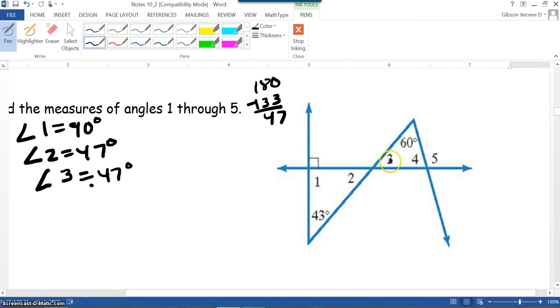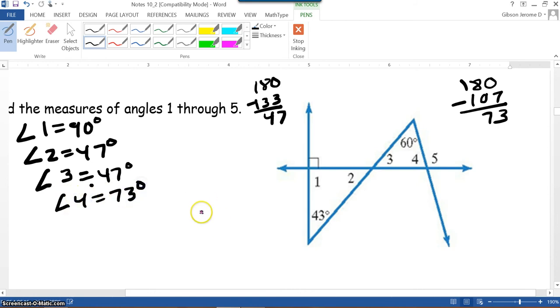We can find angle 4 because we have angle 3 and it's 60 degrees. So we add two of the three angles. So we could take 180 minus, 60 plus the 47 degrees will be 107. So 180 minus 107 would be 73. So angle 4 is 73 degrees.